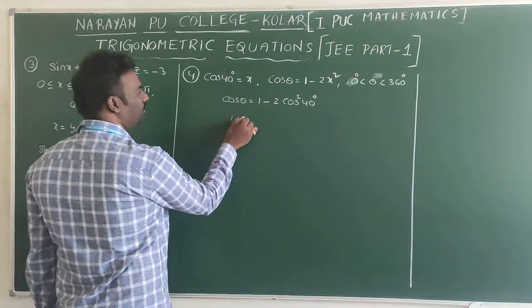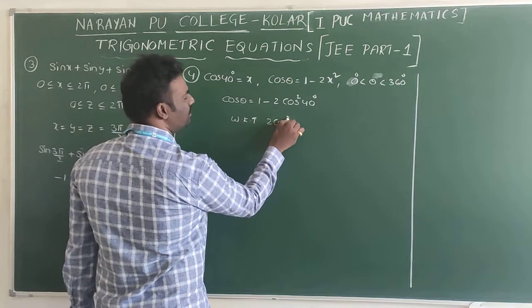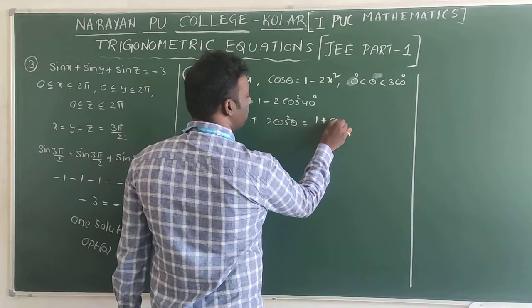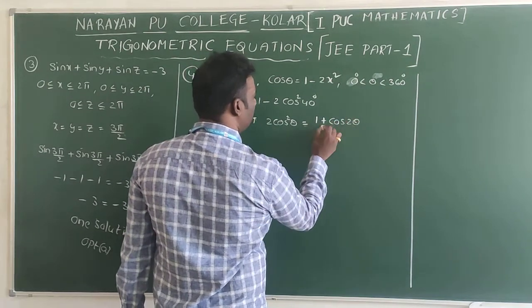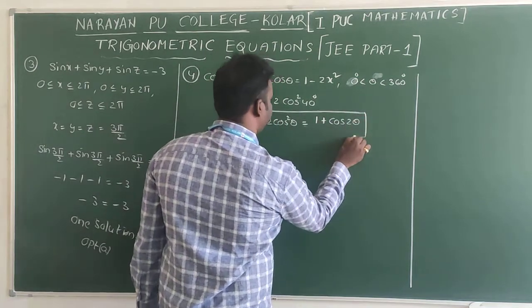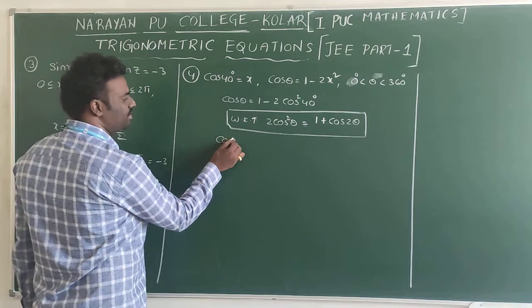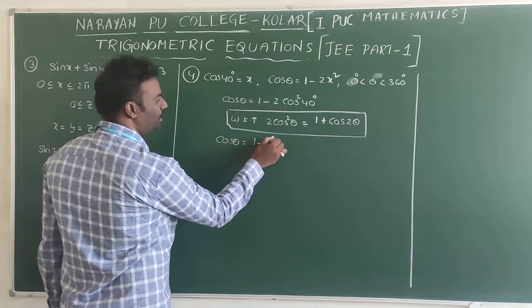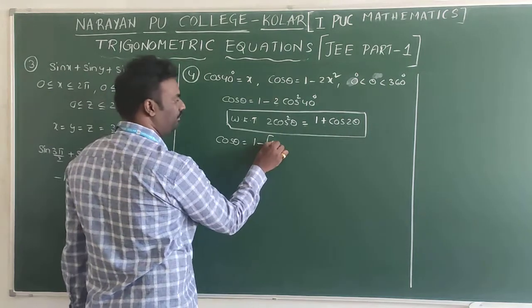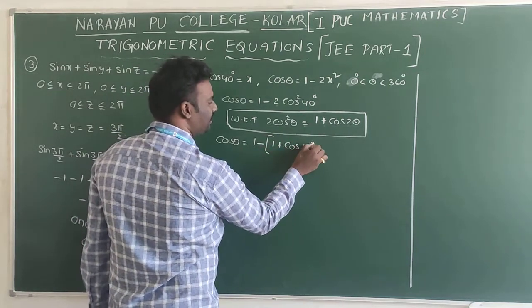We know that 2 cos square theta is equal to 1 plus cos 2 theta is a formula. Now apply this formula. Cos theta is equal to 1 minus, in place of this I can write 1 plus cos 2 theta, 1 plus cos 2 into 40, that is nothing but 80.